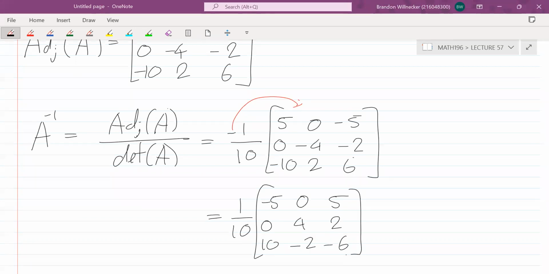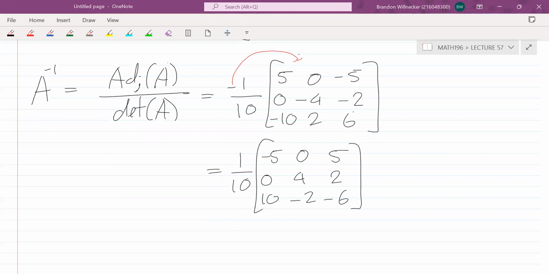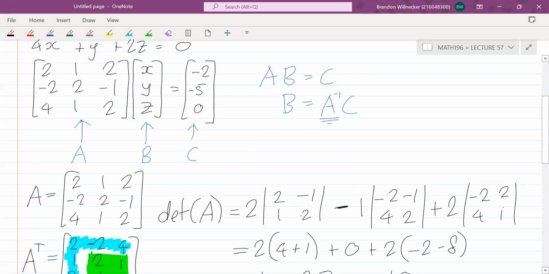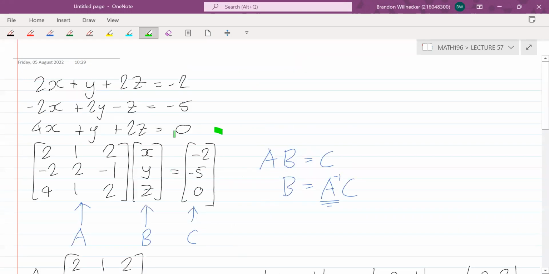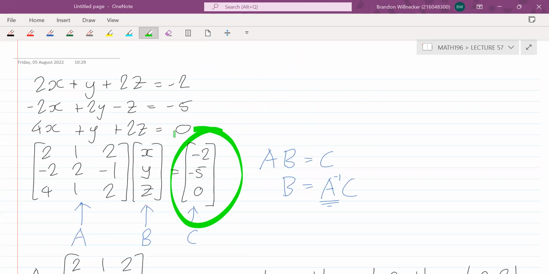Then we don't have to worry about that minus on the outside. Now that we've got the inverse of A, we can multiply this by C, which was over here. So A inverse times C is going to give us our solutions for X, Y, and Z.